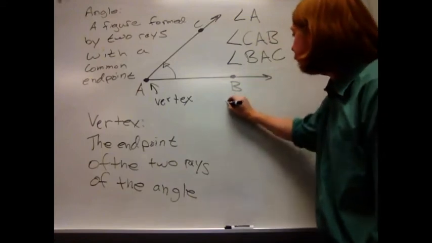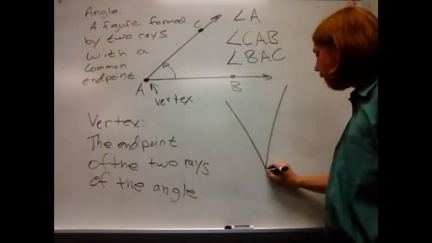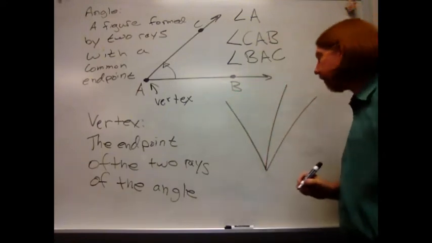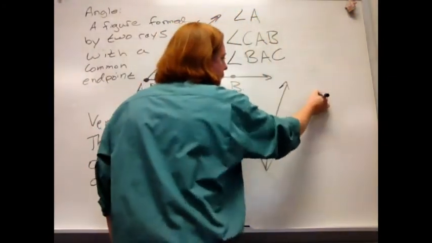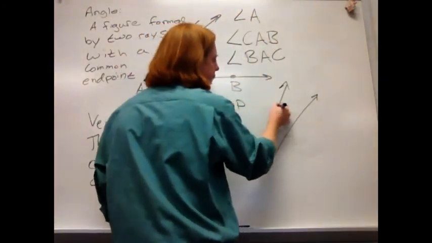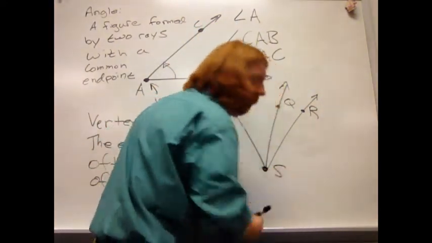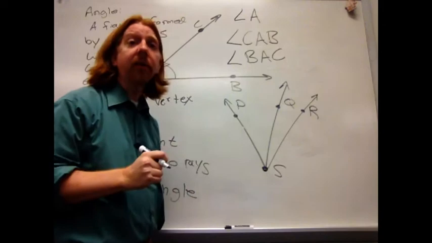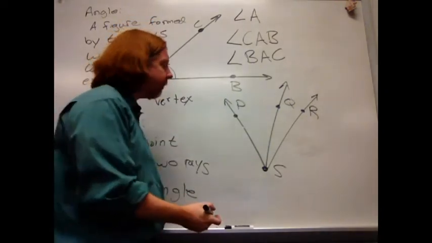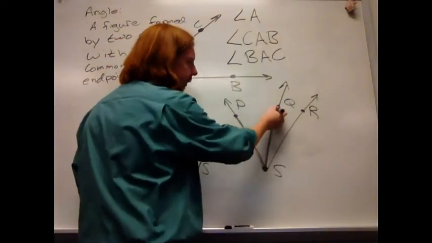For example, say I were to draw two new angles there. Now I'll put some points up here. We'll call this P, Q, R, S. So here's the question. If I talk about angle S, am I talking about angle P, S, Q?